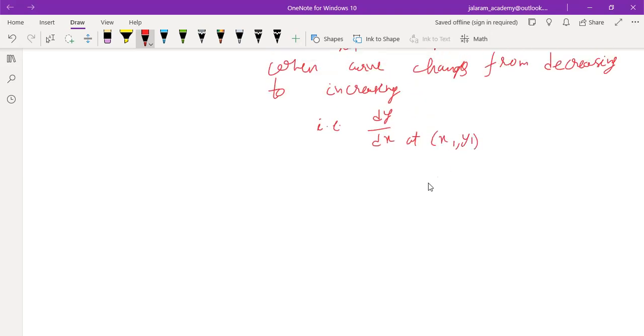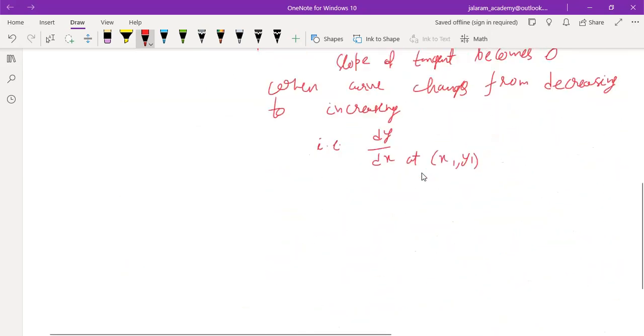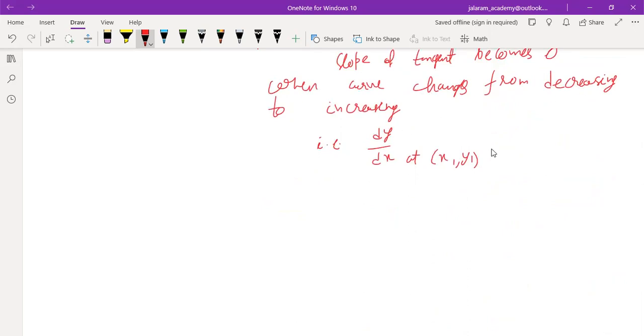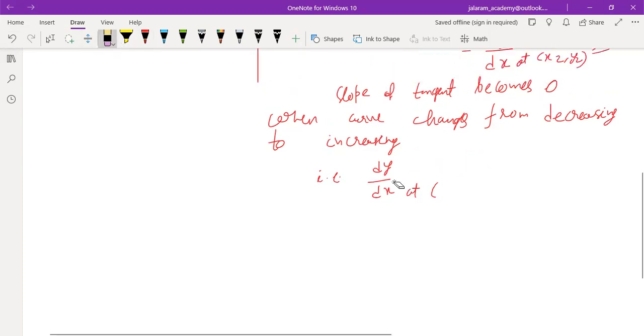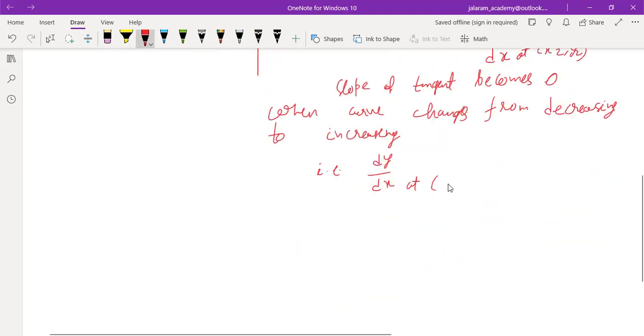We are discussing this time only about the maxima and minima. So when curve changes from decreasing to increasing, if we write the coordinate of this point as alpha comma beta, dy by dx at this point alpha comma beta will become 0.